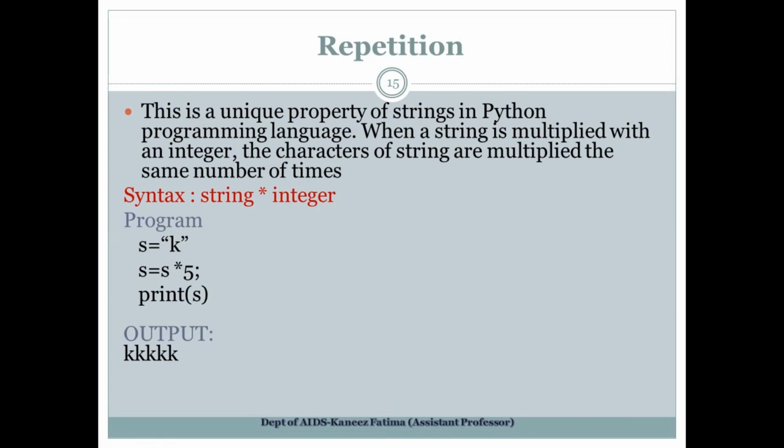In such a way, for strings, repetition also helps. For example, if s is k, and I say s equals s into 5, giving the integer value 5, then k will be repeated 5 times.